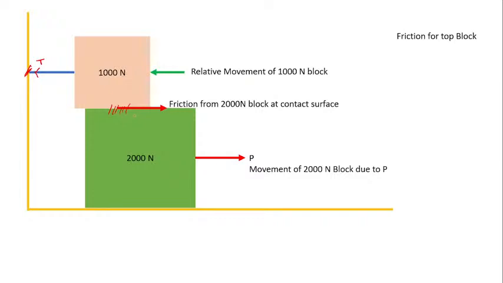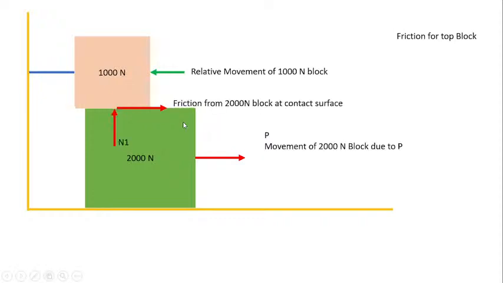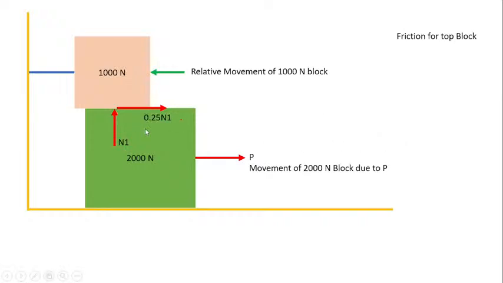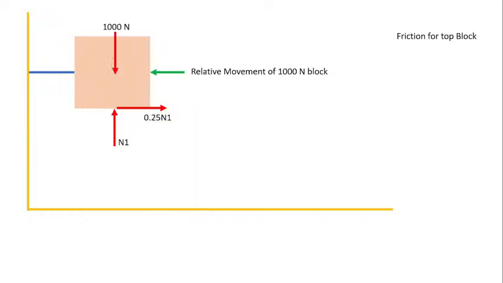It is given that the coefficient of friction mu equals 0.25 between block A and block B. Now consider the vertical reaction from the ground contact surface as N1, and the frictional force component will be equal to 0.25 N1.